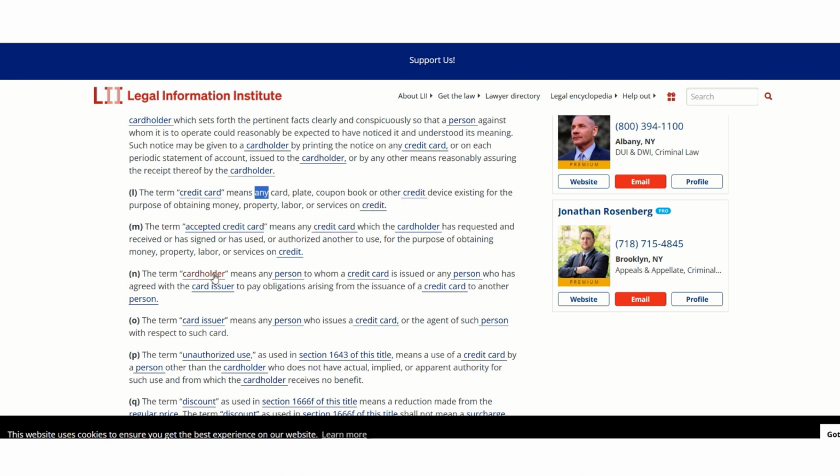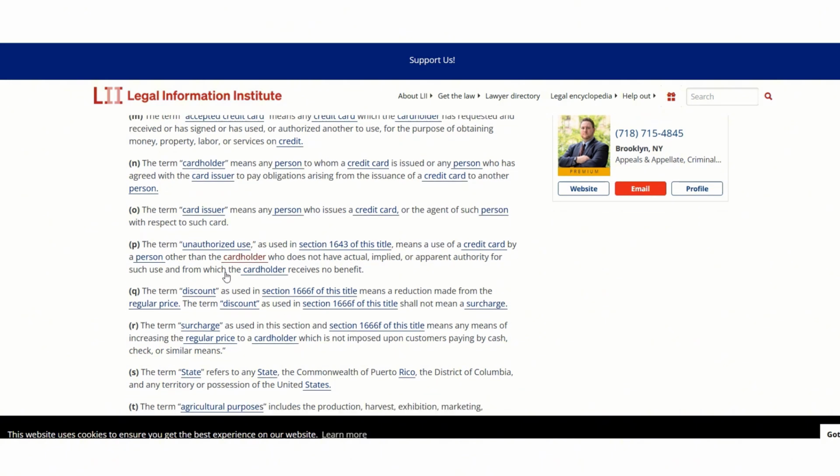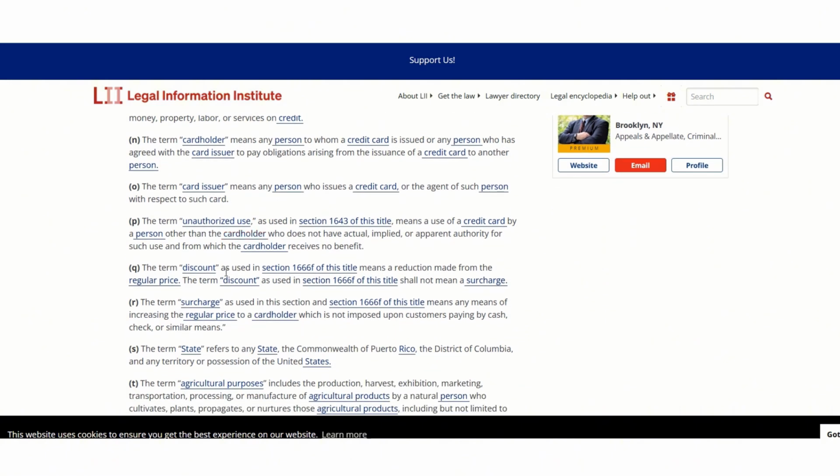The term cardholder means any person to whom a credit card is issued or any person who has agreed with the card issuer to pay obligations arising from the issuance of a credit card to another person. All right. Unauthorized use, another important term.